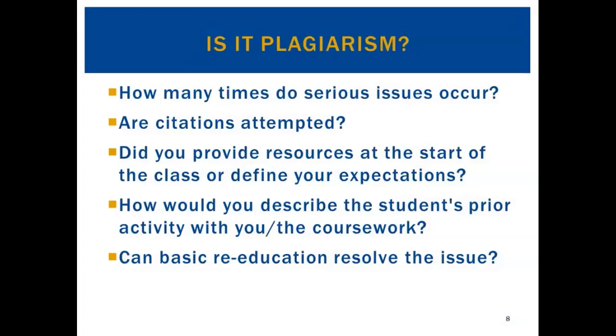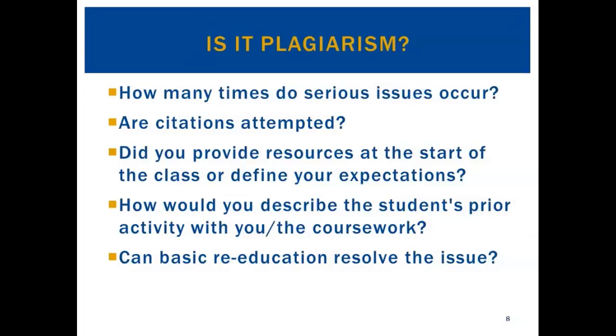Did you really clearly provide resources at the start of the class, and especially define your expectations? If you're telling the students that you expect citation, that you expect to see all of this proper academic work treated with respect, they're a lot more likely to try to comply with that.